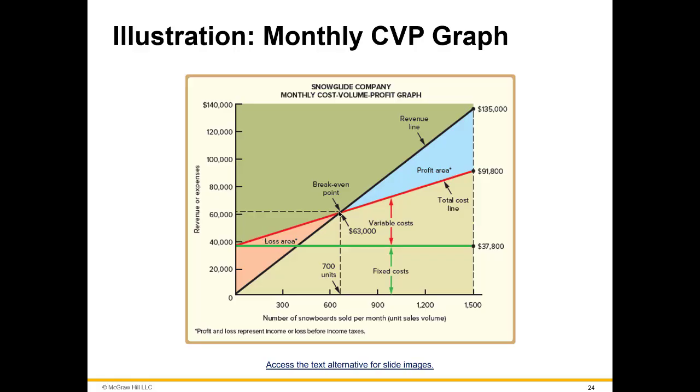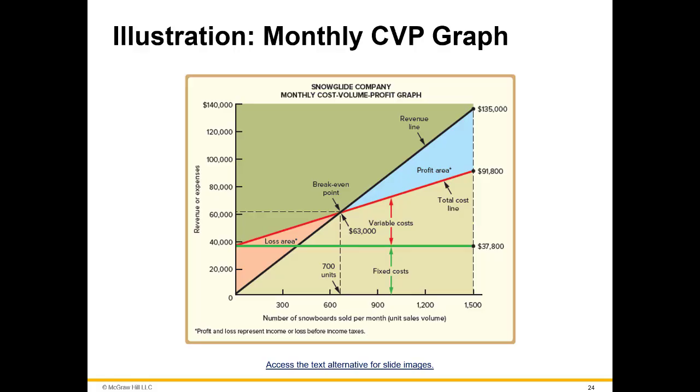So here's our total cost, and notice where it intersects with the revenue line right here. And we can see, hey, if we sell above this, here's the profit we can make. If we sell below this, here's going to be our loss. And so remember, this is operating income. It says down here, profit and loss represent income or loss before income taxes, or we'll just define that as operating income.